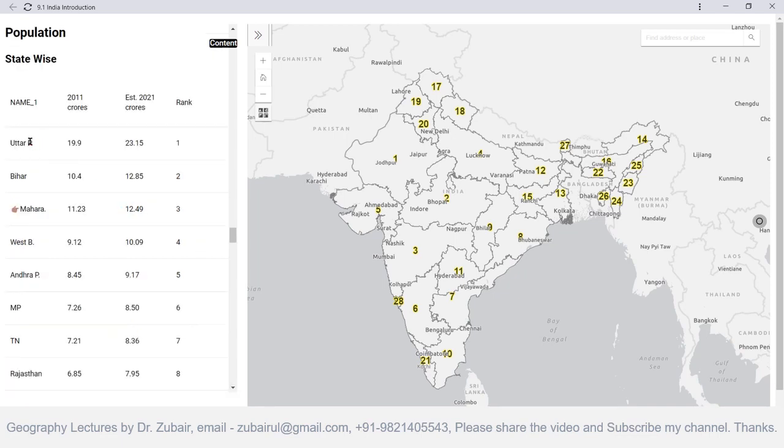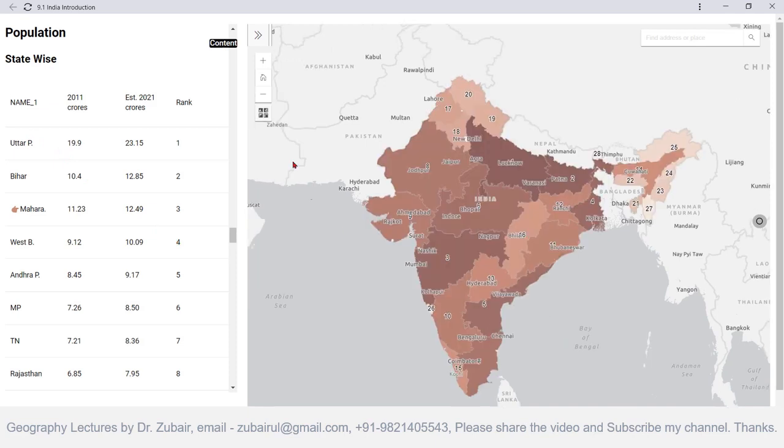In terms of population, Uttar Pradesh is number 1. Here the population is estimated for 2021, and this is 2011, that is the census, and here this is estimated. So the estimated population is 23.15 crores. Thereafter the second position is Bihar.